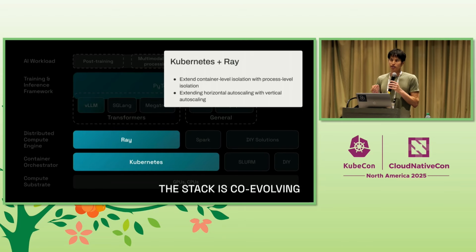Both Ray and Kubernetes have the ability to auto-scale by adding more nodes or removing nodes from the cluster. But what if you want to be able to vertically auto-scale a pod or a container, to add more memory to an existing container? Kubernetes has that capability, and Ray has awareness of what's needed inside of the container, what the workload wants.